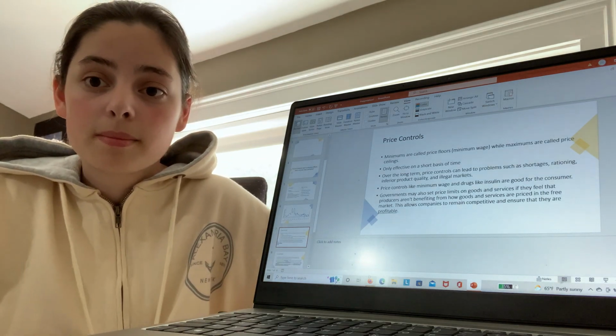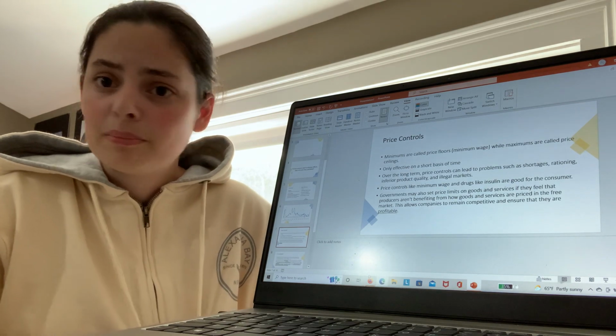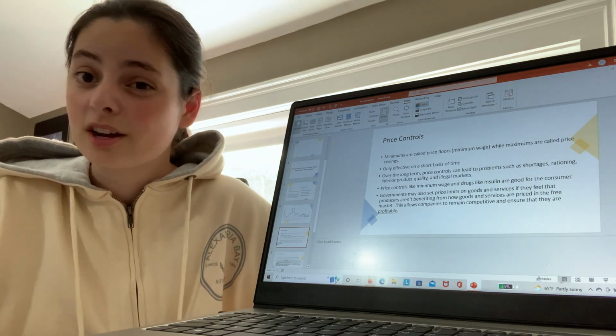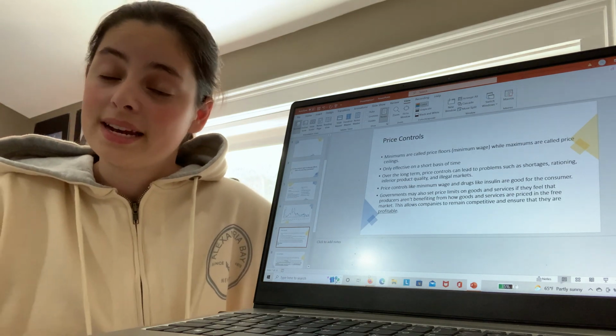So whether or not there's a minimum wage, people should be getting paid a solid amount for the work that they are putting into any type of job.